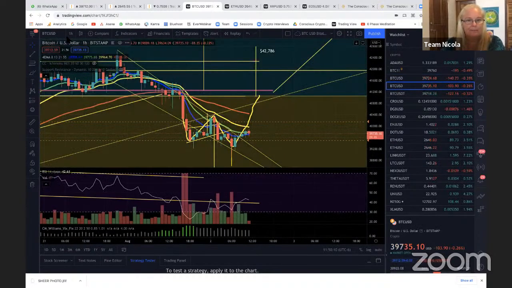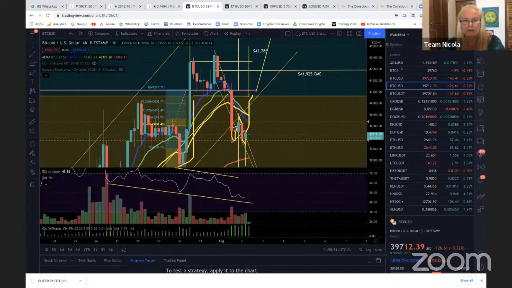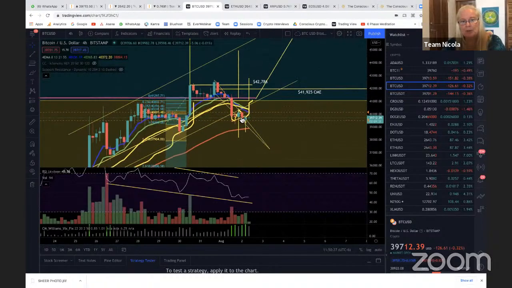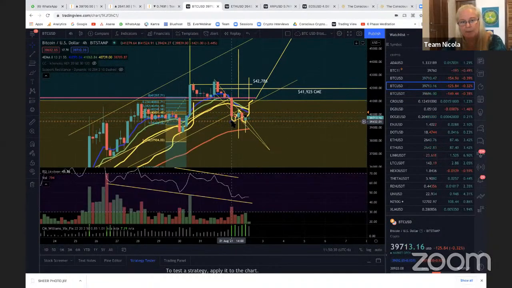On the 1 hourly, this is a much bigger, no, that's not it. Let's go out on the four hourly. We've got the much bigger W here, with the top at the golden Fibonacci at 41,056.